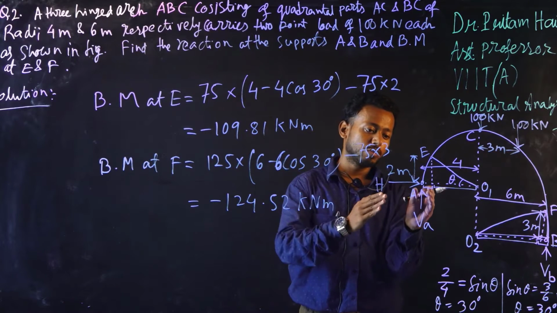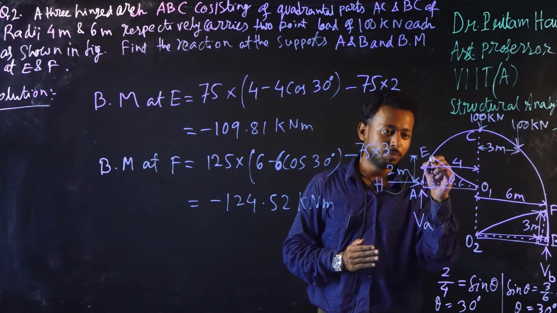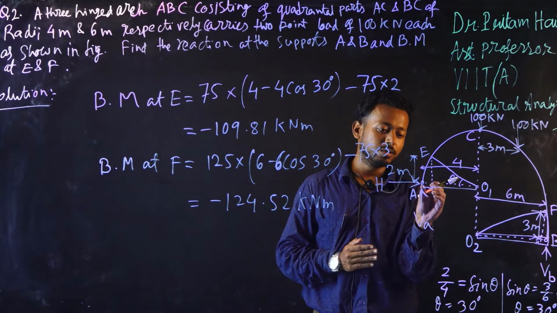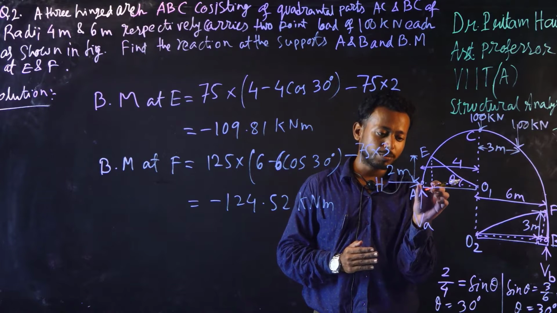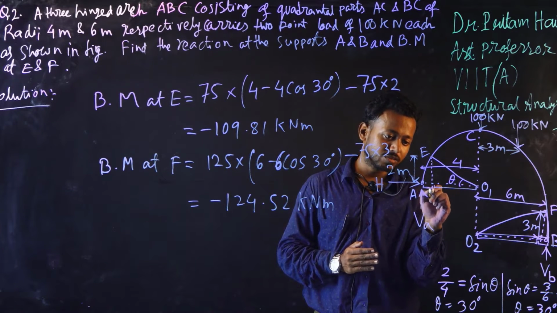So you have to calculate this distance, right, because this E point is not at the support, it is a little bit far from the support A, so you have to calculate what is this distance from this point to this point.